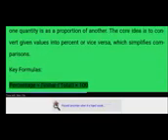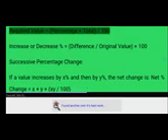Key formulas. Percentage equals value divided by total, times 100. Required value equals percentage times total, divided by 100.